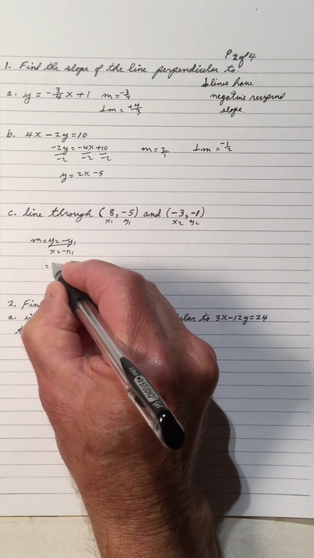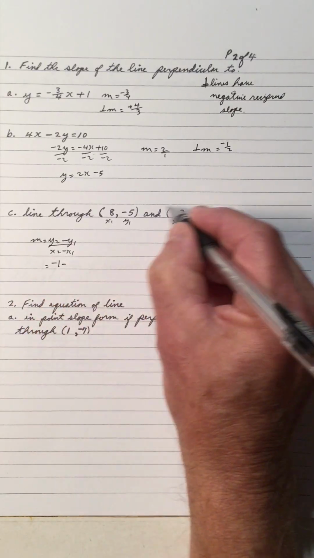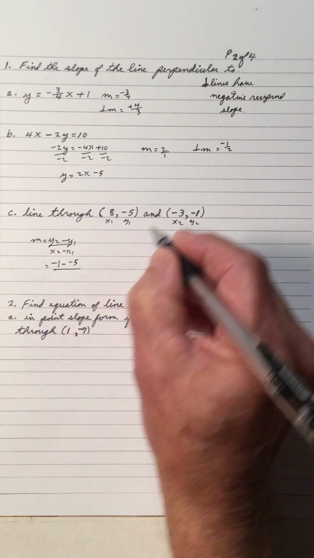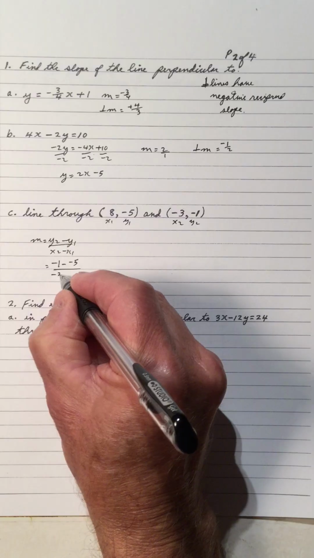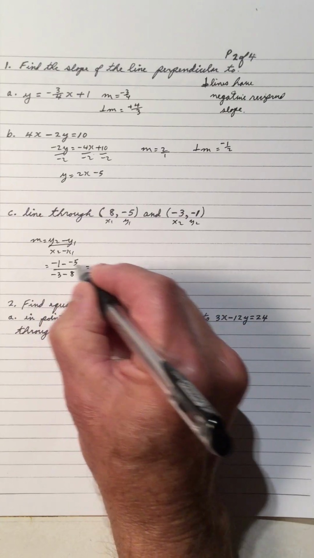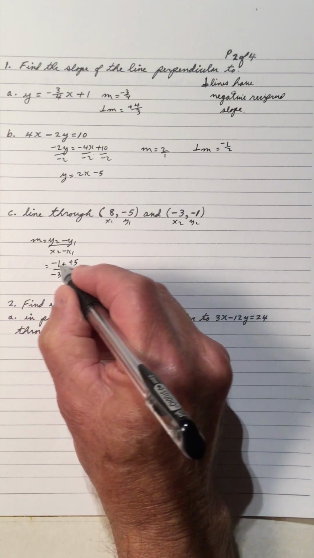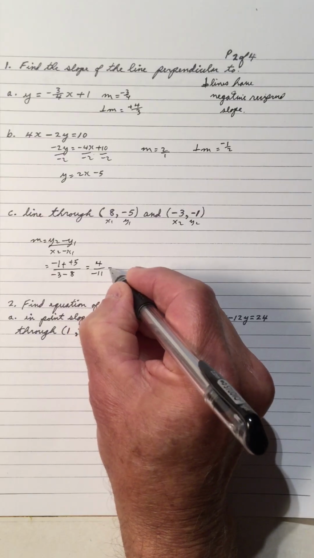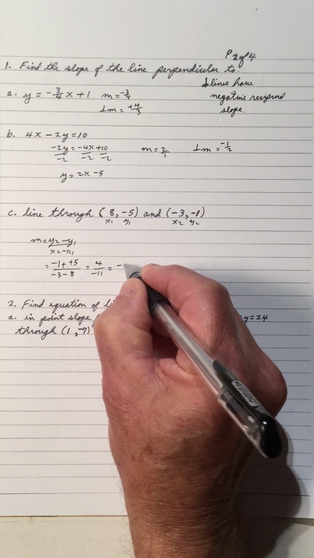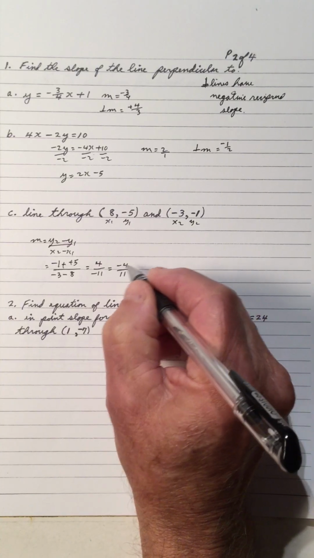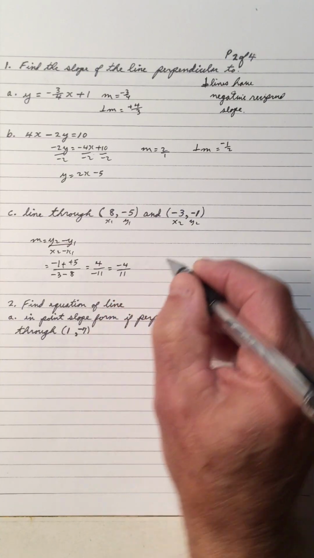So y2 is -1, subtract y1, which is -5. x2 is -3, subtract x1, -8. Double negative is a positive, so that's a 4 all over -11. Normally I put the negative in the numerator, so the slope of this line is -4/11.